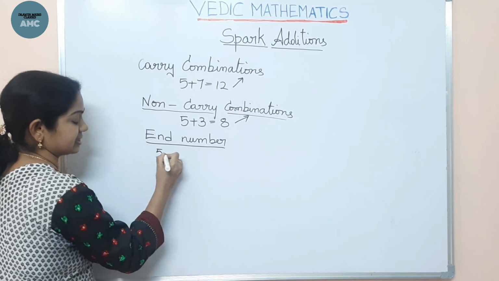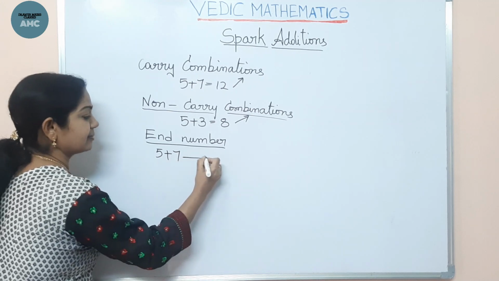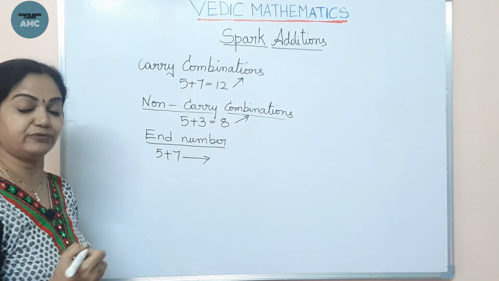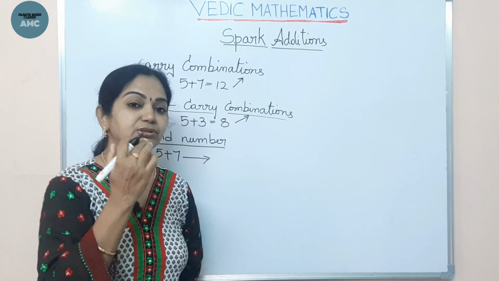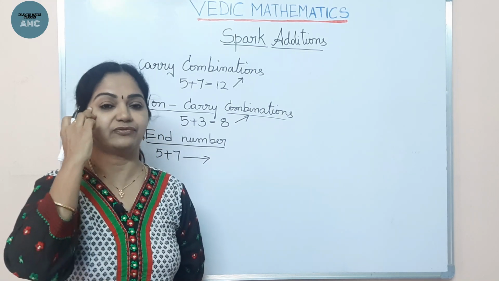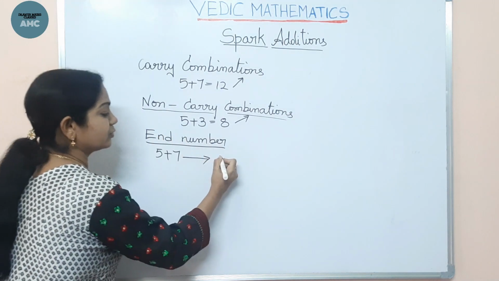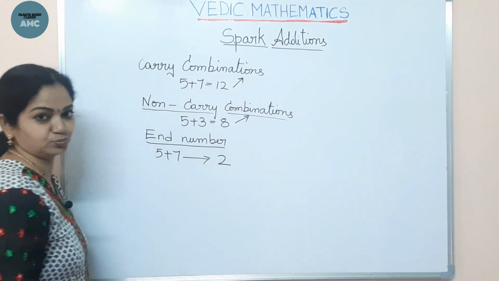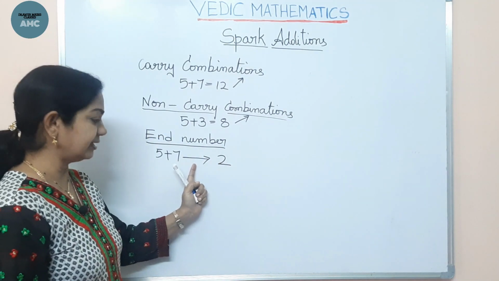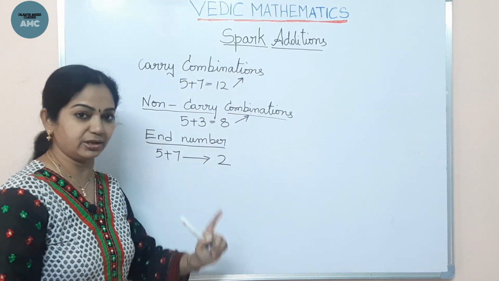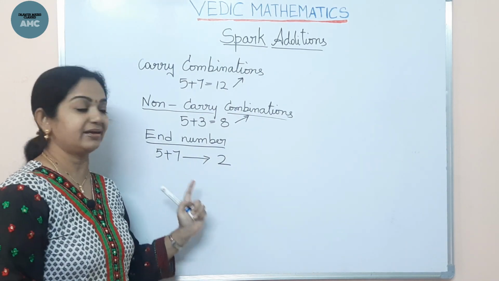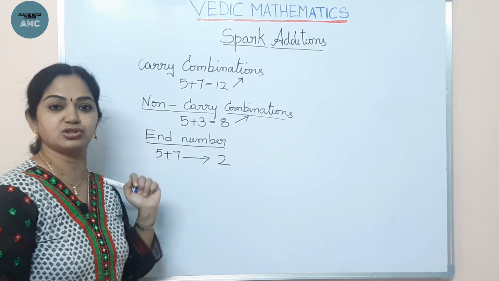Now, taking the same example, 5 plus 7, this comes to 12, but we should not remember 12; we just add it and tell only the end number, which is 2. I am not writing 5 plus 7 is equal to 2, but the end number in this combination is 2.